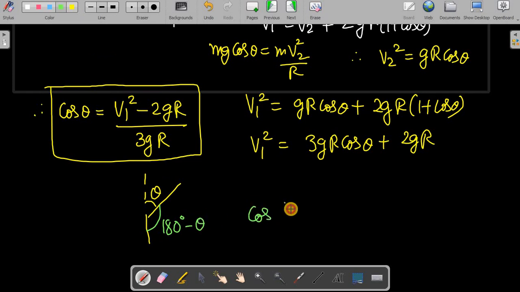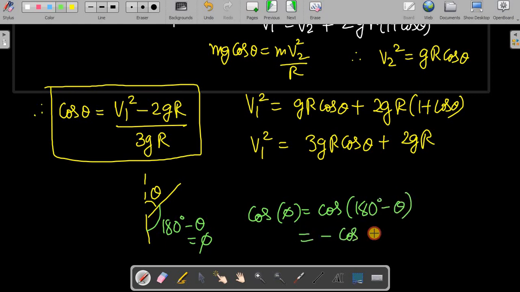Let's say this angle is phi. Cos phi is cos of (180 degrees minus theta), which is minus cos theta.